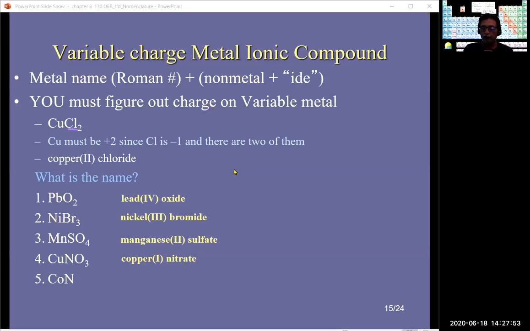So it's not a polyatomic ion, it's just simply the ion of nitrogen, which in this case is nitride. It's in group 5, so it has a -3. That tells you cobalt must be a +3. And therefore, we write it as cobalt, Roman numeral 3, nitride.